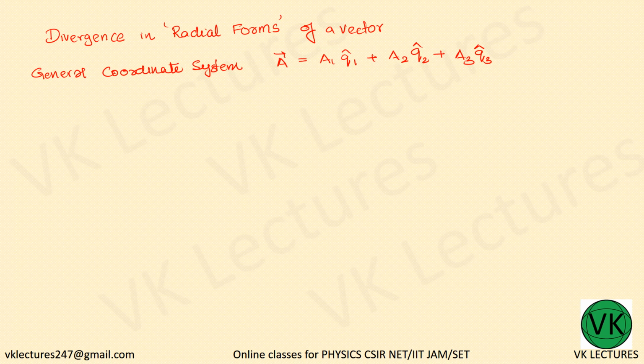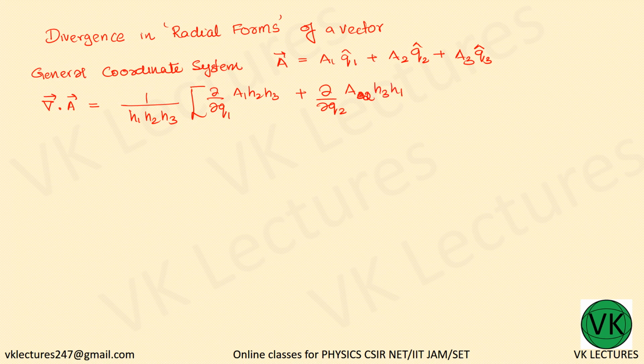Okay, so for a generalized coordinate system, we can write del dot A, or the divergence of the vector A, is given by 1 divided by h1 h2 h3 times dou by dou q1 of A1 h2 h3, plus dou by dou q2 of A2 h3 h1, plus dou by dou q3 of A3 h1 h2.